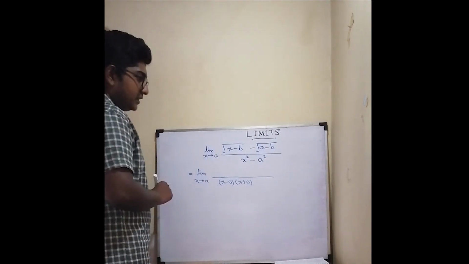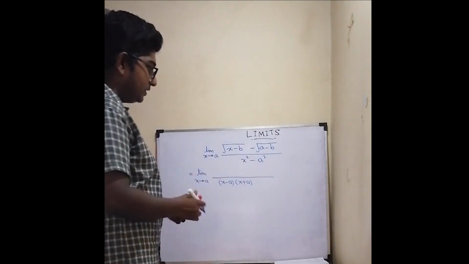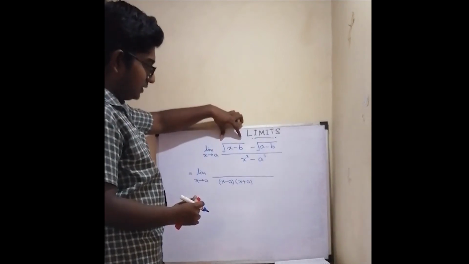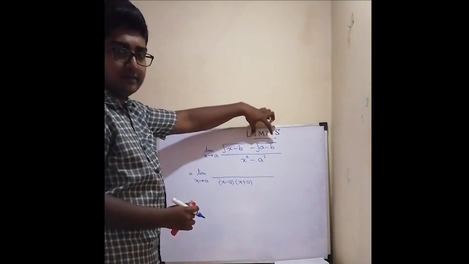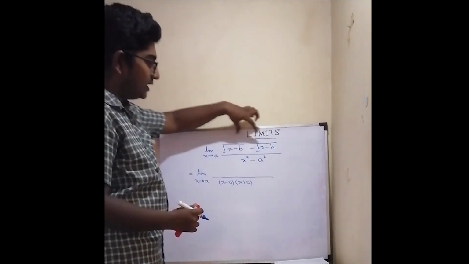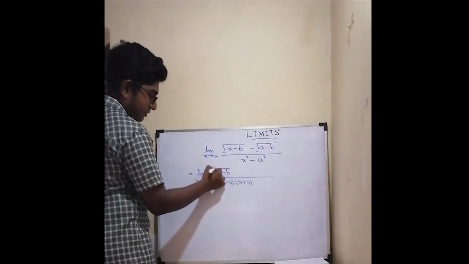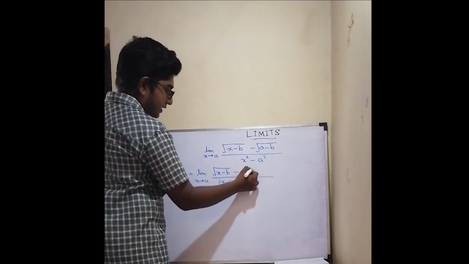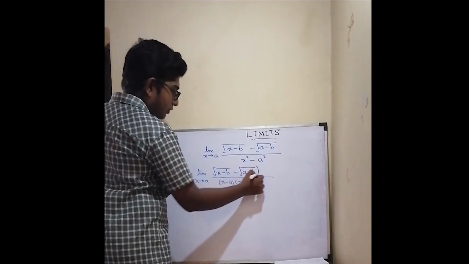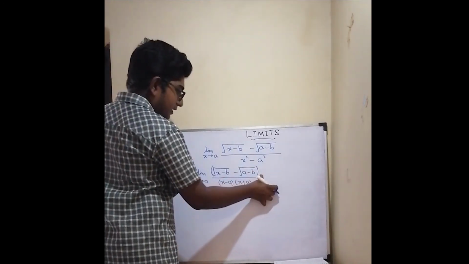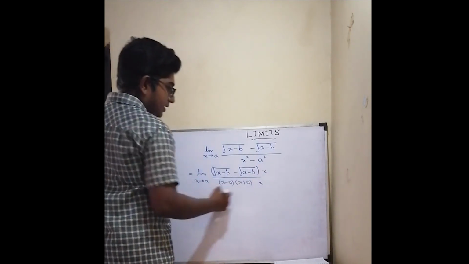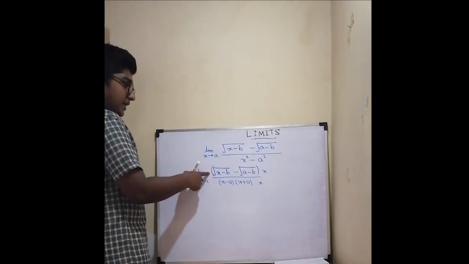And here you have a term minus another term. To simplify this, the concept we are going to apply is the conjugate. Multiply both numerator and denominator by the conjugate of the numerator.